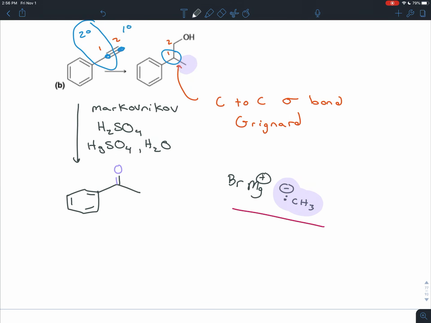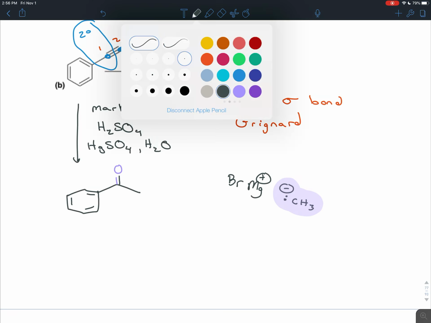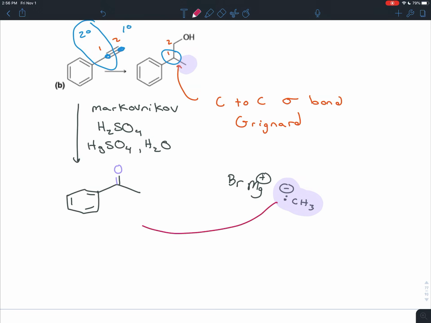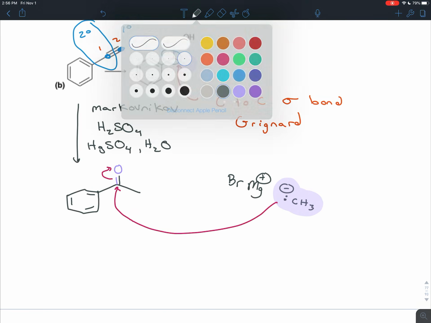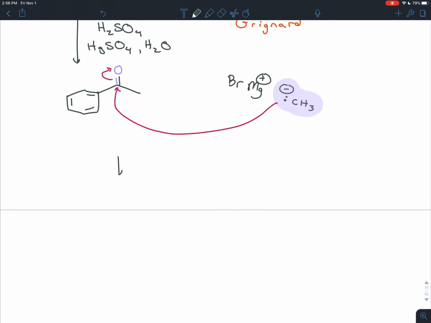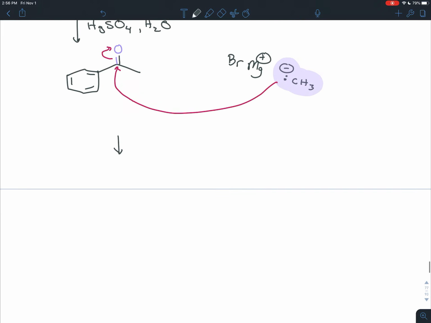If this Grignard reagent attacks this molecule, this negative carbon can attack the carbonyl, the pi bond breaks and goes on to the oxygen. You would end up with a new CH3, that's the Grignard reagent that added, only 1 bond to the oxygen, which now has a negative charge, and then you can just add some water to do a proton transfer.